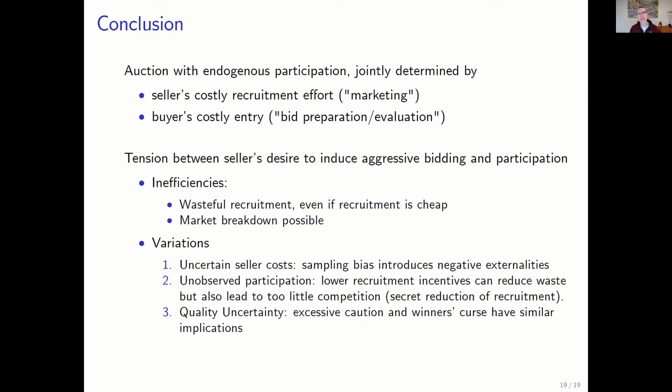We see this sort of thing all the time. One could think about paying a subsidy to the bidders or making S smaller. Think about the internet: it makes it easier to contact bidders, but that may not be the important part. The important part may be that when I post something on Immobilien Scout, it makes it easier for the bidders to evaluate the house. So maybe it reduces the little C, the entry cost.